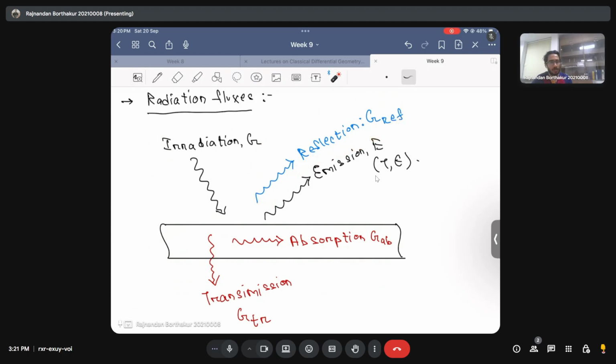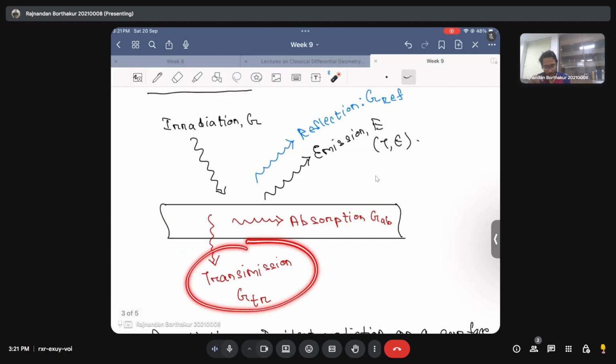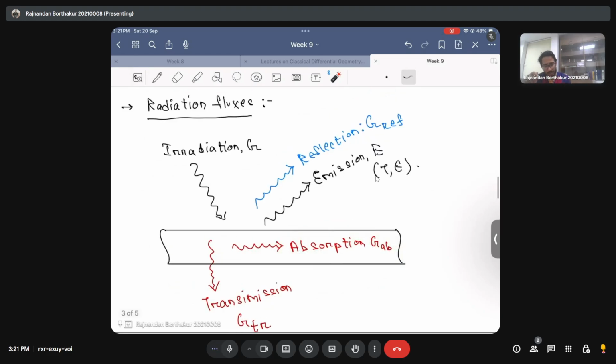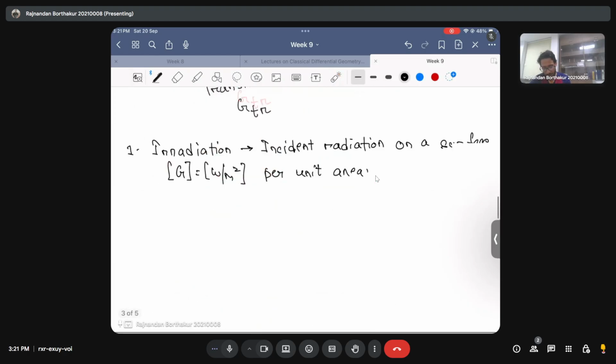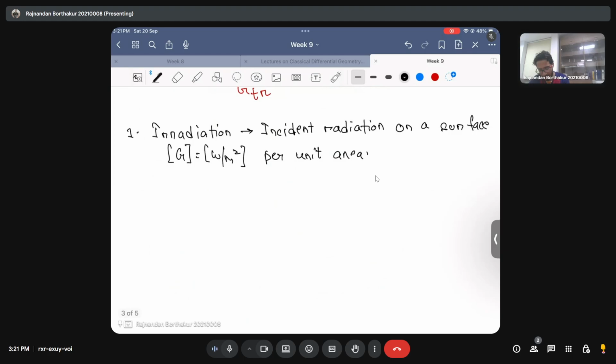Okay, so if you now do an energy balance for this incoming irradiation, then you can say that this G, the incoming irradiation, is basically equal to the transmitted part of irradiation plus the absorbed part plus the reflected part. So I can write this in mathematical terms as G is equal to G_TR, which is the transmitted part of irradiation, plus G_AB, which is the absorbed part of irradiation, plus G_REF, which is the reflected part of irradiation.